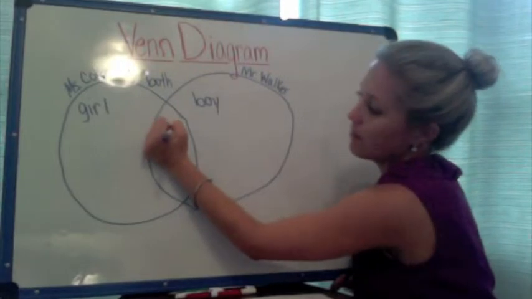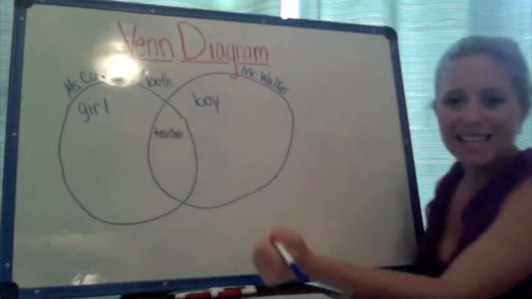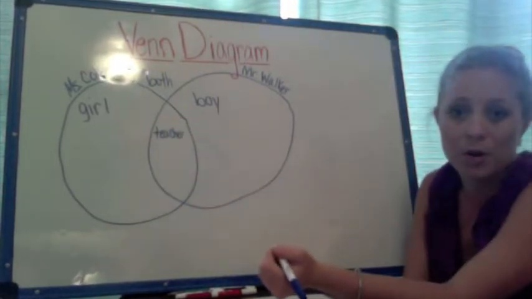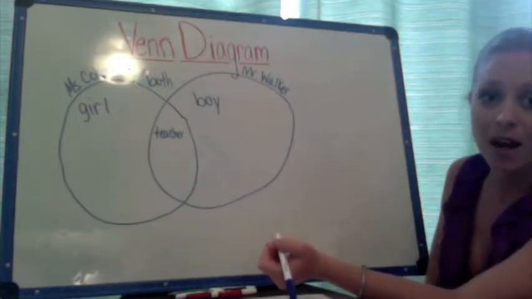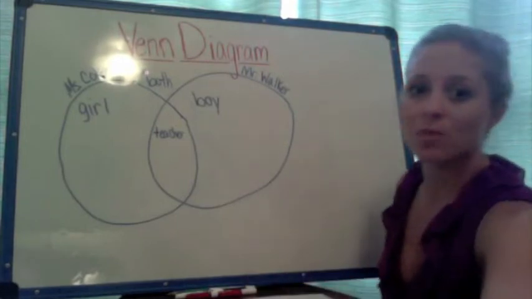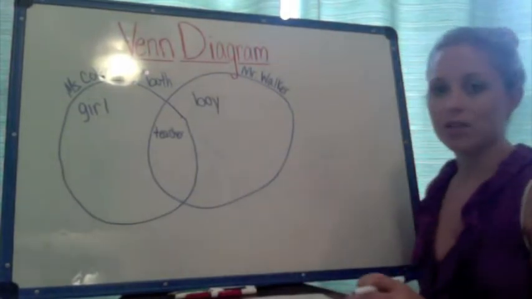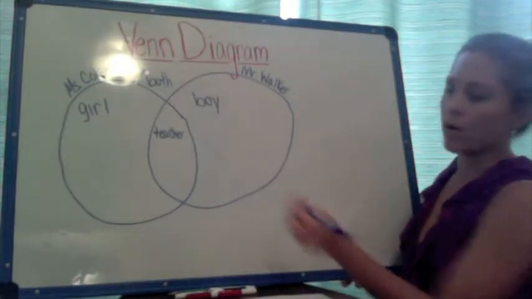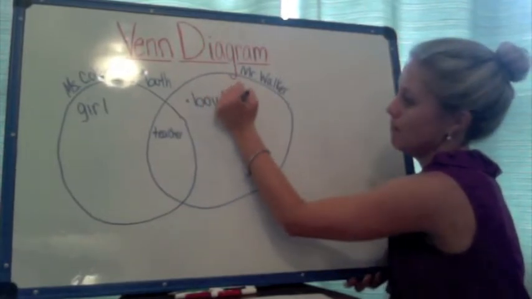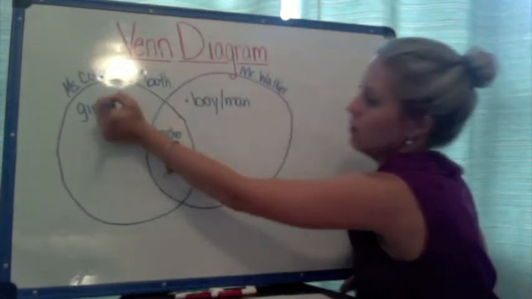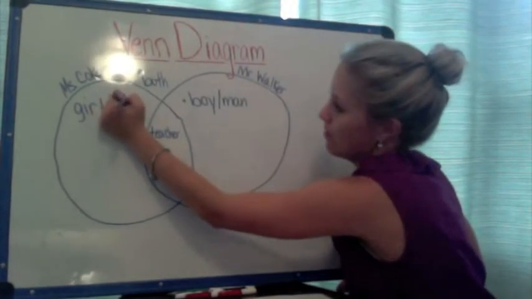And when you're using a Venn diagram, it's okay to use just 1 or 2 words to describe something. We don't need a whole sentence. And what I think is sometimes helpful is when we put a little dot in front of it so we know that it's kind of in a bullet form. So he's a boy or a man, and I'm a girl or a lady.